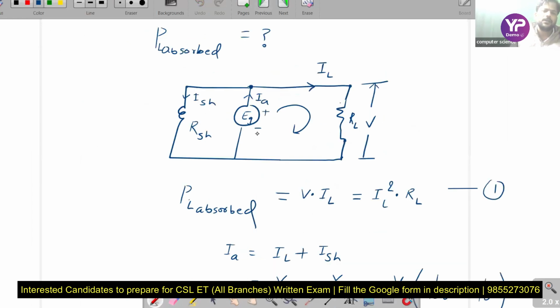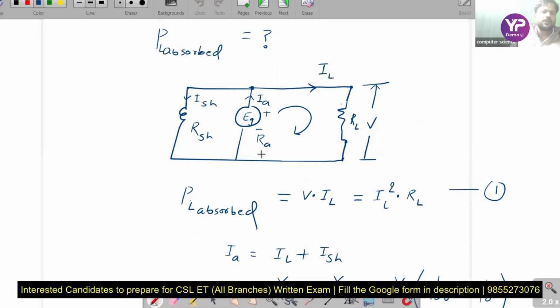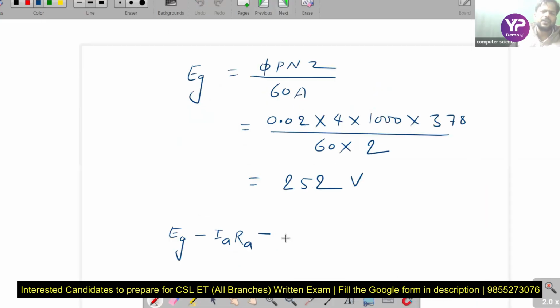Now we apply the KVL equation in this loop. If we write the KVL equation, E_G minus I_A R_A minus the voltage across the load. We simply write the voltage across the load as V, because we don't know the value of I_L. R_L is given, so we simply write E_G minus I_A R_A minus V equal to 0.